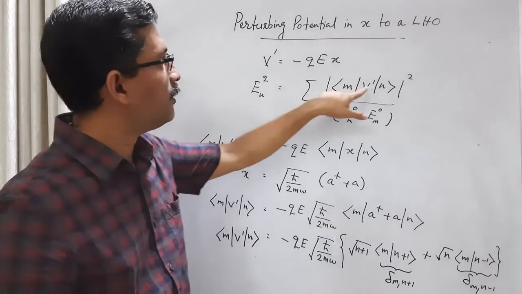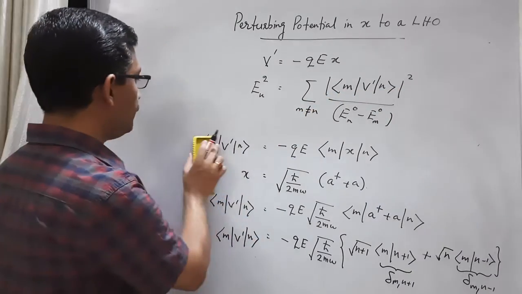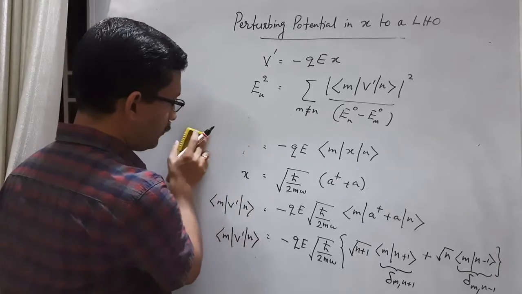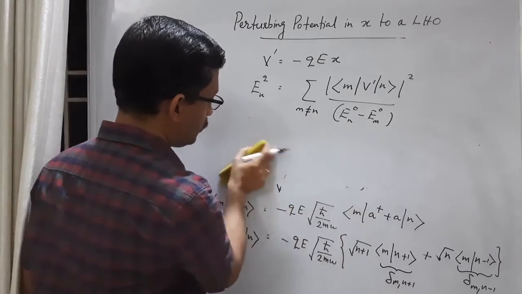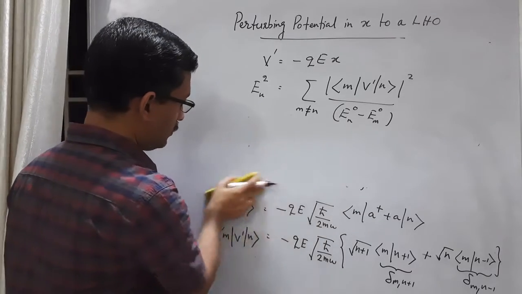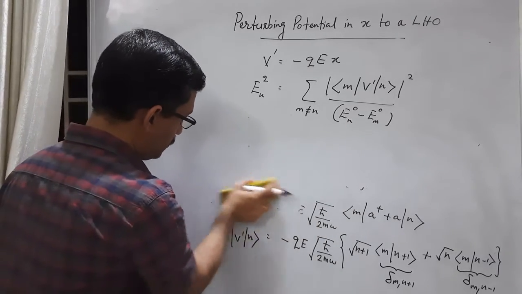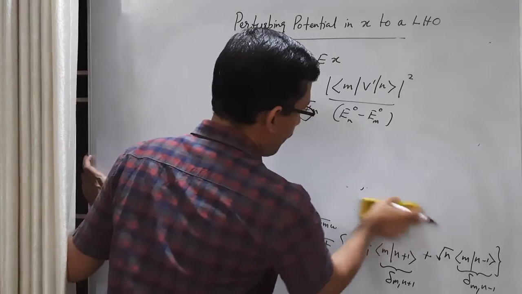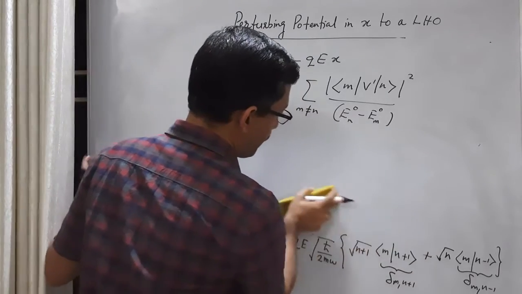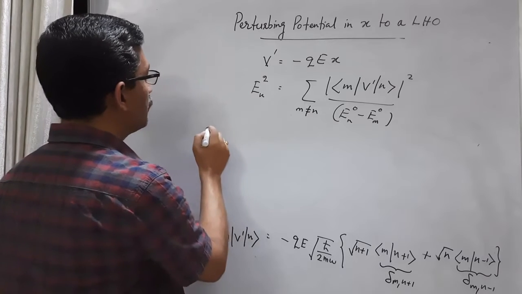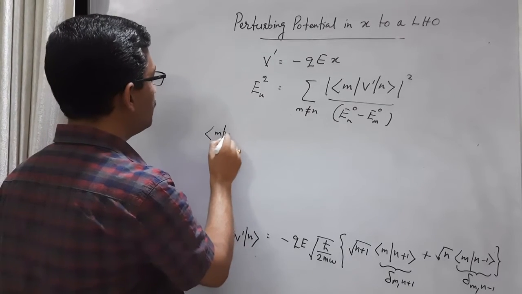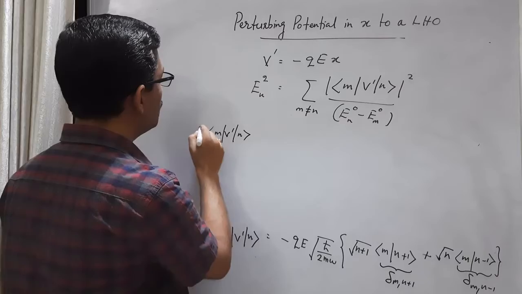But we have m V prime n square here. So how do we deal with that? There are many ways of arguing about this one.